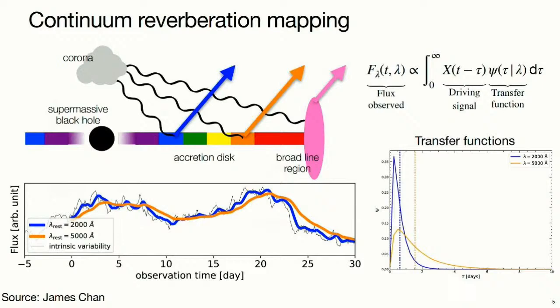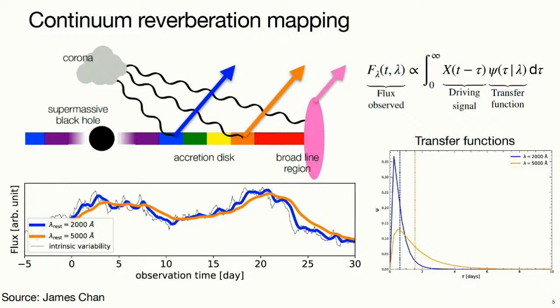I'll briefly go over our actual model for the accretion disk. We model the AGN as a lamppost plus thin disk model, where we have a corona above the supermassive black hole that illuminates the accretion disk. We expect higher temperatures in the inner regions of the disk and lower temperatures further away.